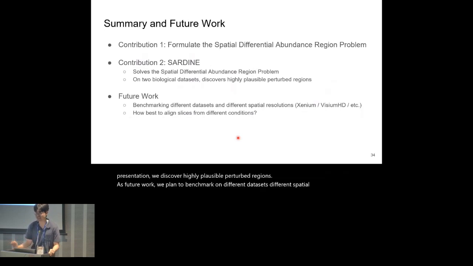Since both of the data sets in our manuscript are from Visium, it would be interesting to try on higher resolution data sets. Furthermore, the initial preprocessing step of alignment typically assumes some sort of correspondence in expression space between different slices, so it would be interesting to solve an anomaly detection problem alongside an alignment problem together.